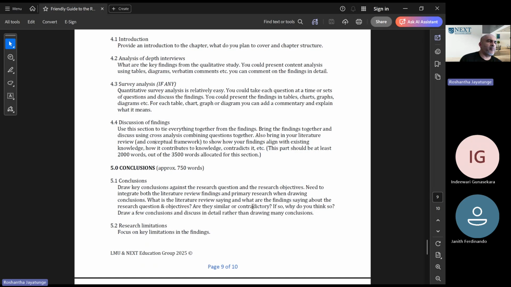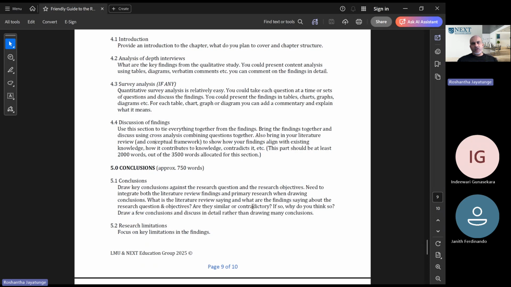So another thing about the discussion part: a good discussion will link three things together. I have said this before, and I'm saying it again because at this point it's really important that you do this, because this is the chapter that is the real meat of your dissertation.